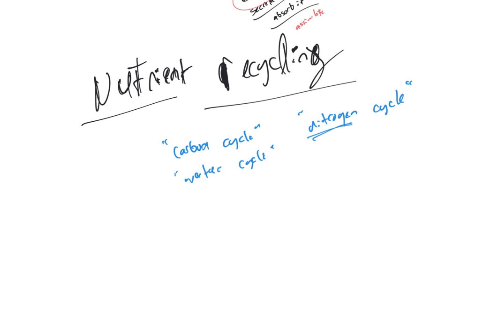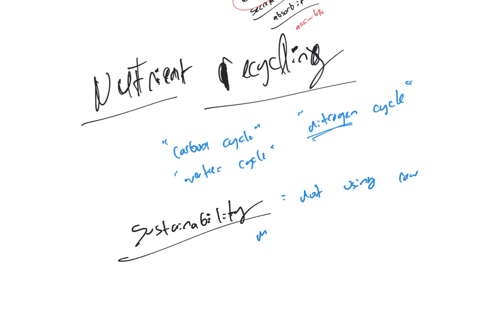So sustainability is defined as not using raw materials faster than they can be naturally replaced.